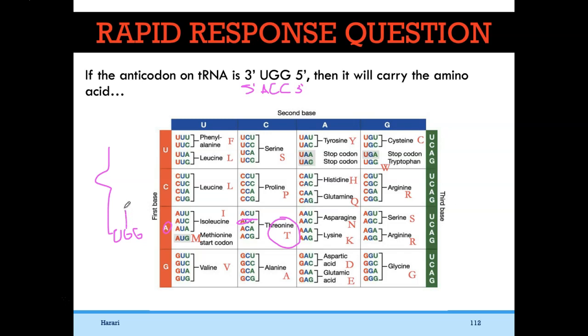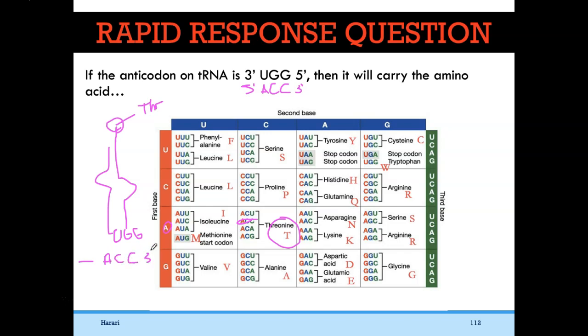It's like a three-leaf clover, and on top is the amino acid, which will be threonine. This is the anticodon UGG, and on the mRNA, it'll recognize the codon ACC.